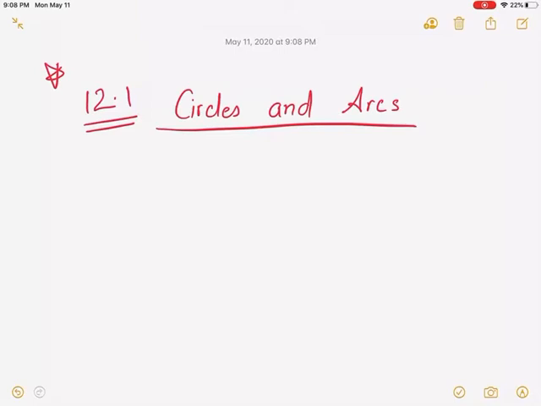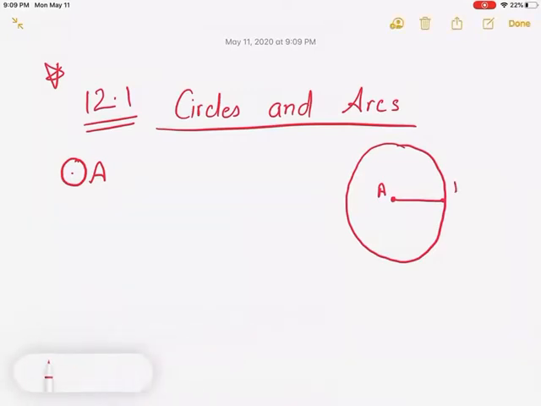So let's start off with circle and some related terms. So here's a circle. Let's say this is the center point and this is letter A. So this is how we label. The symbol for this circle would be circle A. Now if I look at the distance from this center point to any point on the circle, this distance is called the radius of this circle.